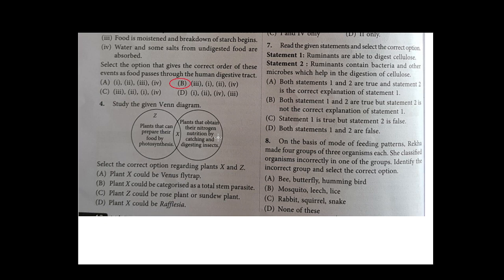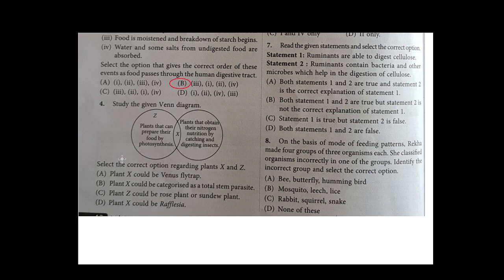From this we have to select the correct option regarding plants Z and X. The options are: plant X would be a Venus flytrap, or plant X could be categorized as a total stem parasite, or plant Z could be a rose plant or sundew plant, or plant X could be Rafflesia.